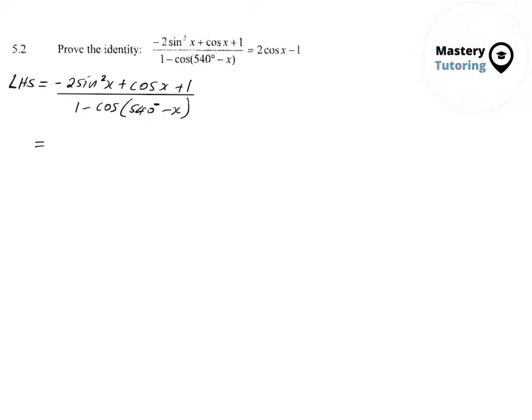All right, so now here, this part, I can actually rearrange it in this way. I can rearrange this together with that, but I'll start with the 1. So still the same thing, you'll see at the end. So I have 1 minus 2 sine squared x plus cos x.